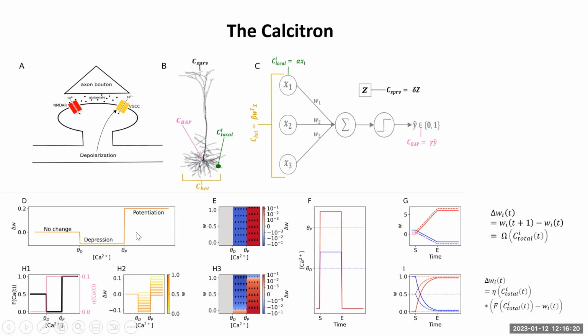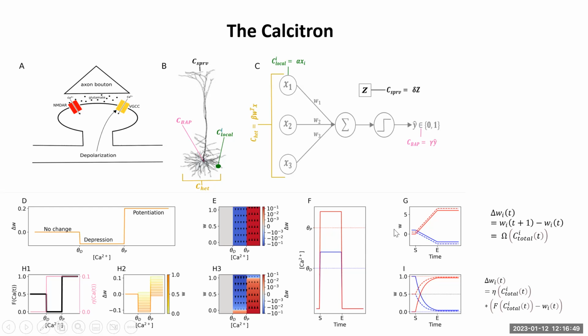To illustrate how this rule works, we have this stimulus that we like to use, which is basically a step of calcium, either a depressive step of calcium, which is between the depression and potentiation thresholds, or a potentiative level of calcium, which is above the potentiation threshold, and we turn that on for some time, and then we see what happens afterwards.